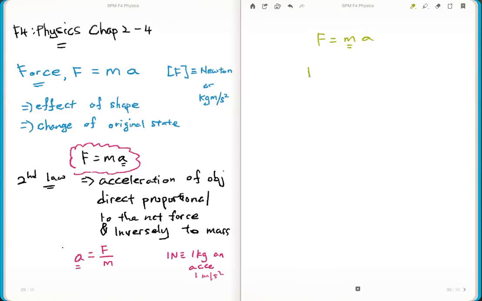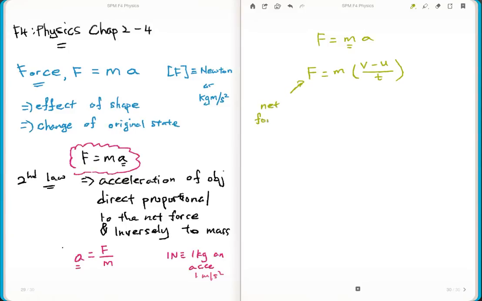So you may rewrite acceleration as v minus u, final minus initial, over the change of time. You may look at my previous video on how to get acceleration. So if you look at this equation carefully, therefore this is the net force.